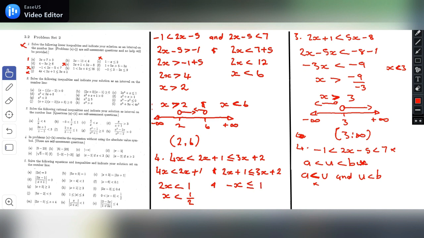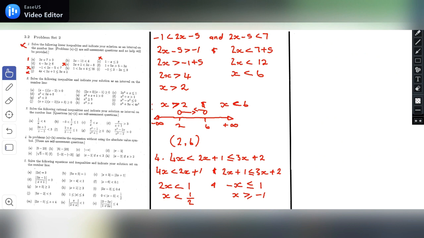Because it's 2 and then here it's 1, then when we take it to that other side, it's going to be 2 minus 1. Because we have a negative here, we're going to divide by negative, and we know that whenever we divide by negative, the sign has to change. We're going to have these values. Let me just erase a few things here so that we can get done with the answer.